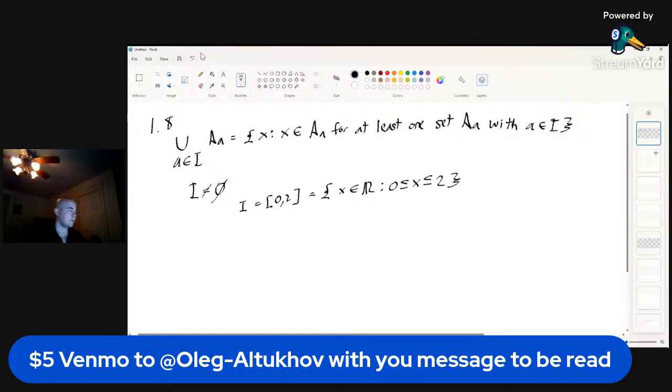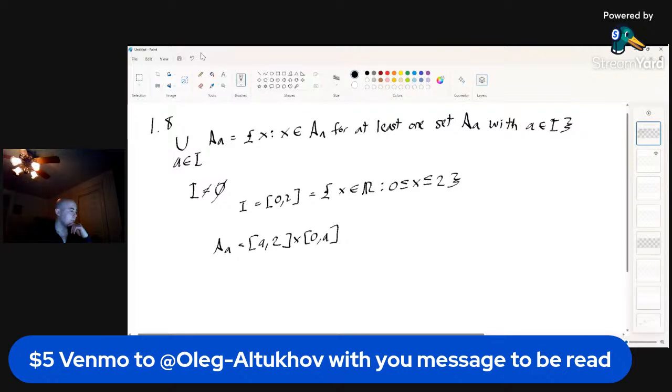Now, how are we going to apply this with this set? For each number alpha containing I, define A to be at least the set. So then we're going to say A sub alpha is equal to A sub 2 times 0 alpha. So basically what we did was our set, we have 0.